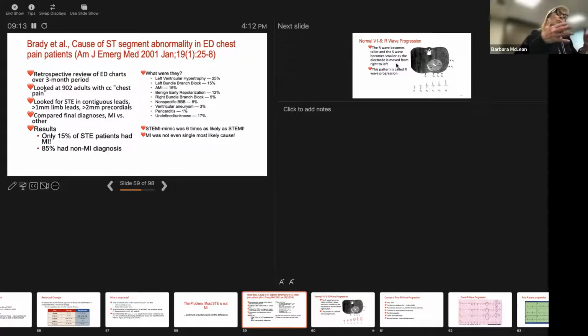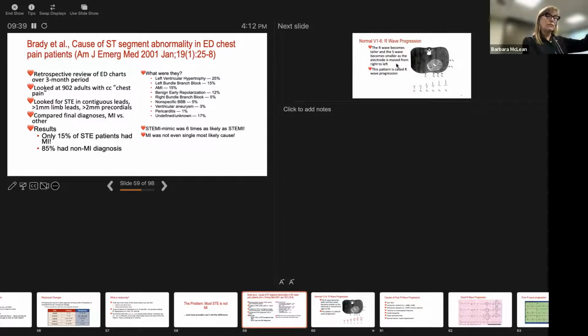And you should not have a greater depth on your right-sided leads, greater than 10 millimeters. So just being aware that when you see abnormal voltage, really tall or really deep, I'm not asking you from this little class to be able to diagnose hypertrophy. I'm saying when you see a lot of voltage, you should expect left ventricular hypertrophy.